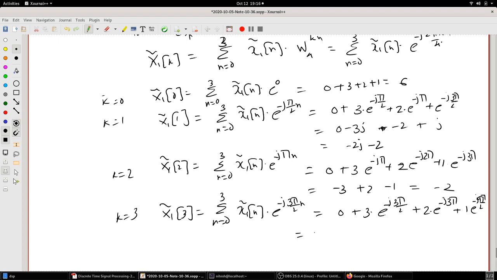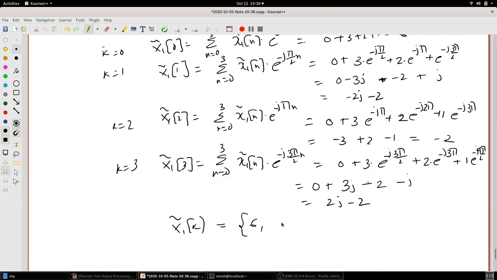So this becomes equal to 0 plus 3 into minus j 3 pi by 2 becomes plus 3j. This is minus 2, minus j. So this one is 2j minus 2, okay.